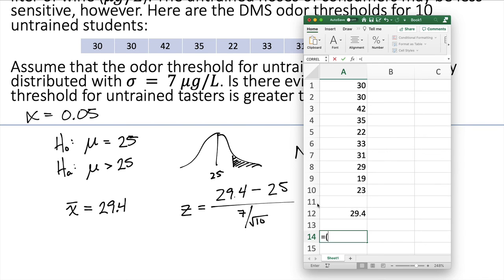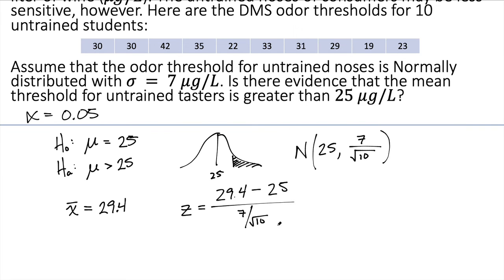So equals 29.4 minus 25 divided by 7 over the square root of 10. And we get about 1.99. So that's this value over here in the standardized normal distribution, and we're looking for the area to the right of that. That's going to be our p-value.